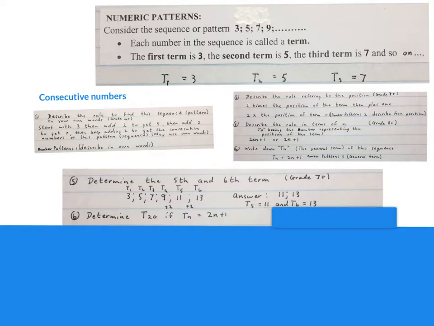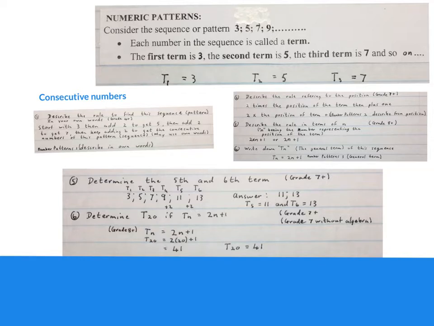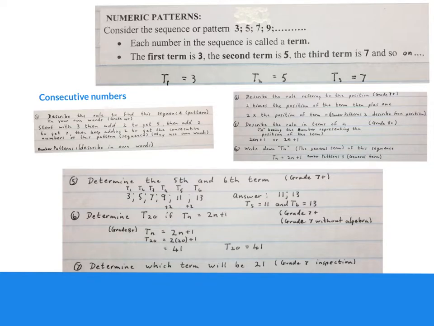Then they can ask me to determine T20 if Tn equals 2n plus 1. In grade 7, we'll just say 2 times 20 plus 1 and get the answer. And from grade 8, we will work it out with algebra and get T20 equals 41. Then they can ask me to determine which term will be equal to 21.